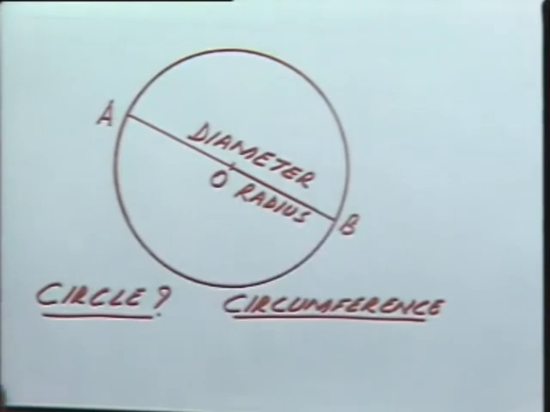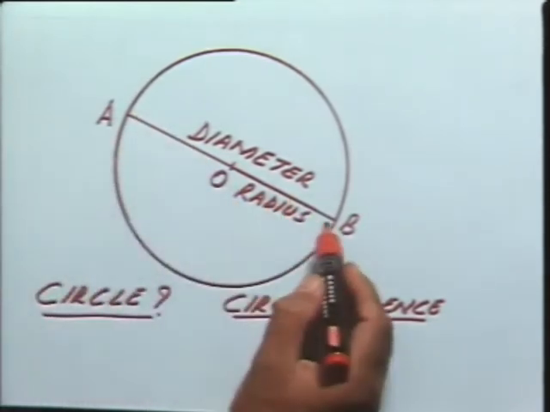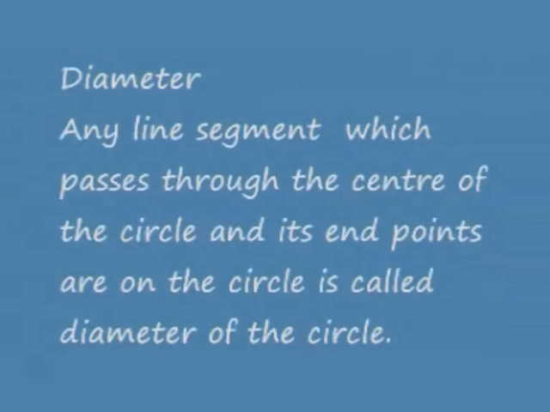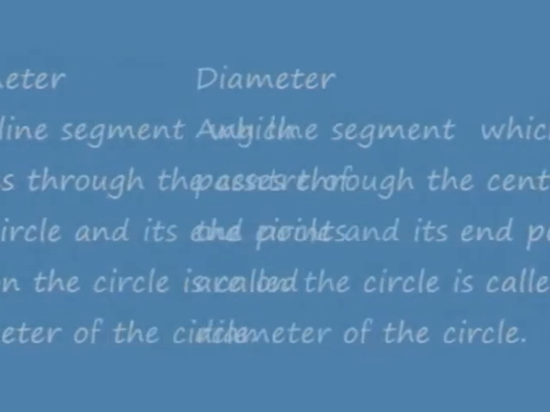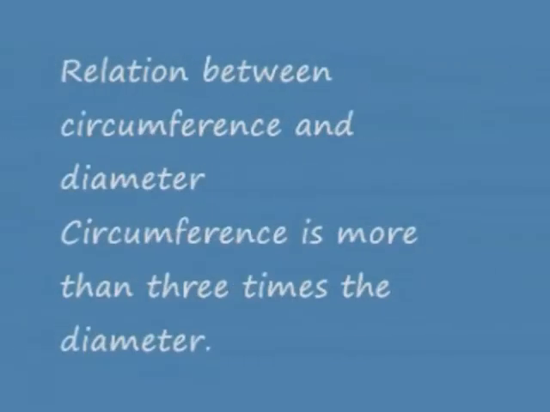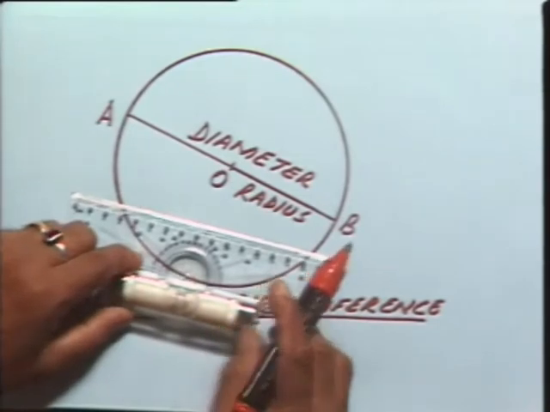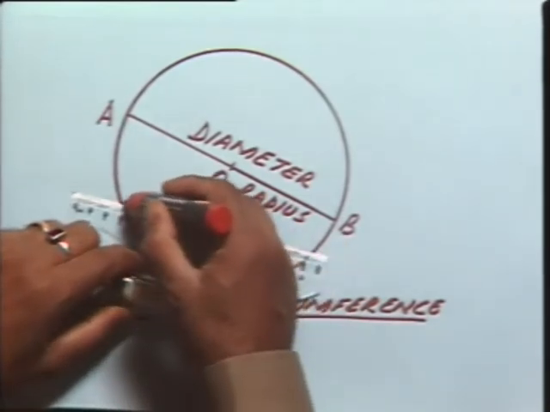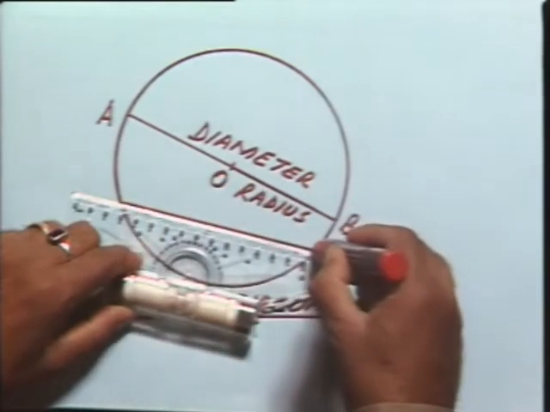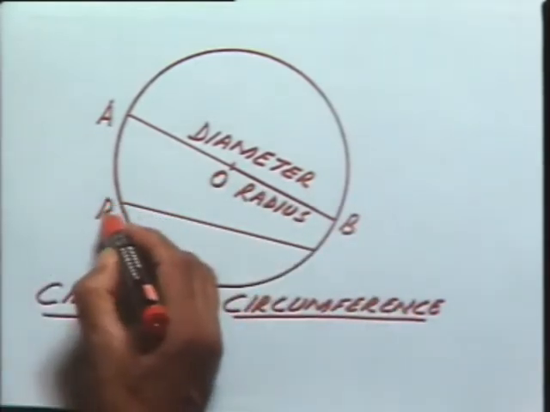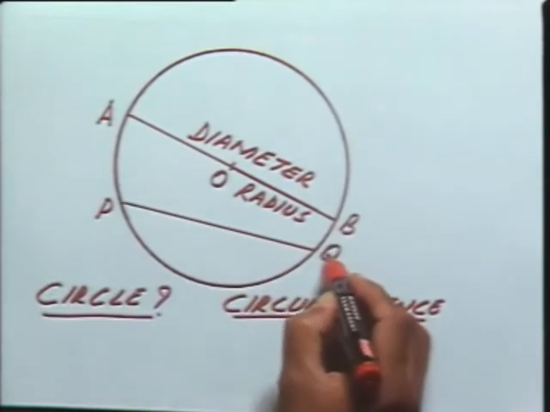This is the diameter of the circle. And in case I draw a line say like this, this is a line segment, the end points are on the circle, PQ.